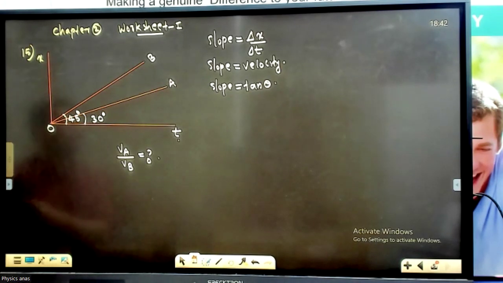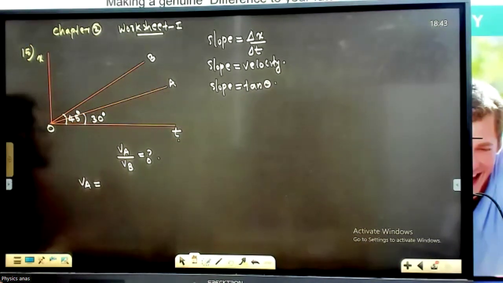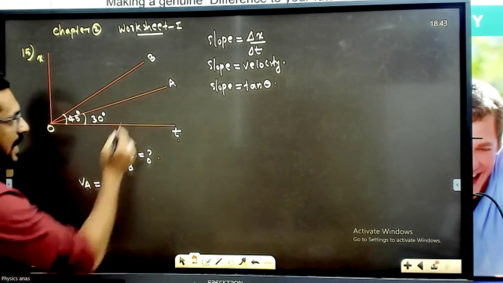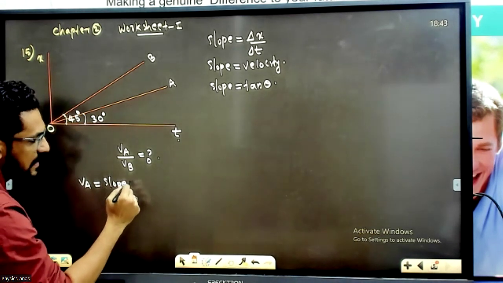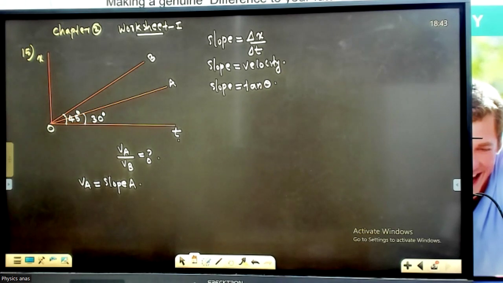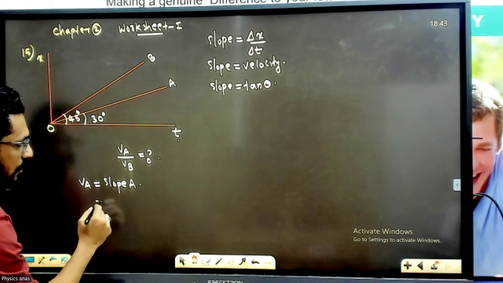Now, if you want to find the velocity of A, VA, what will be its value? Velocity of A is the slope of A. How can you find the slope of A?